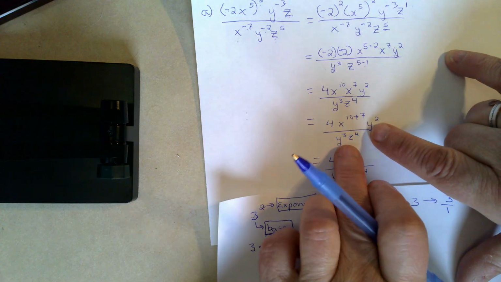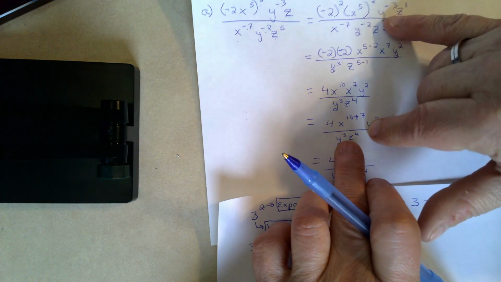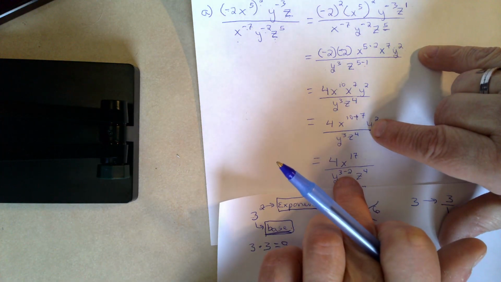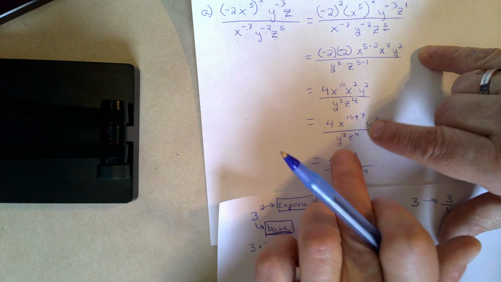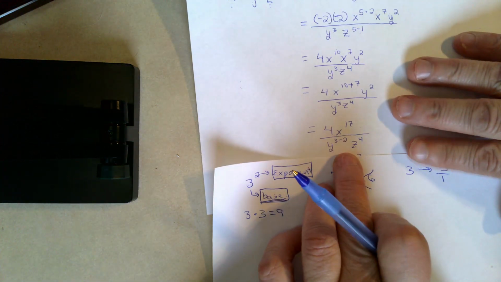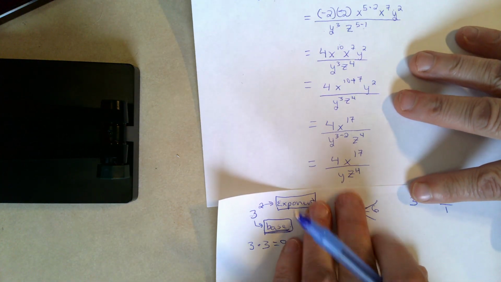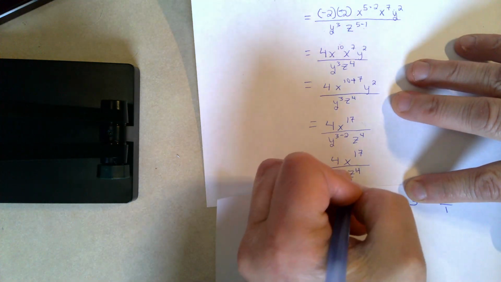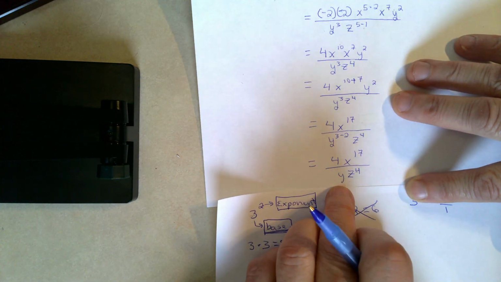And again, I did the same thing with the y's here that I did with the z's up here. This is smaller than this, so I brought this down and said 3 minus this 2. Okay, so then I did that math. 3 minus 2 is 1. I don't write the 1 because that's one of those hidden ones I keep talking about.